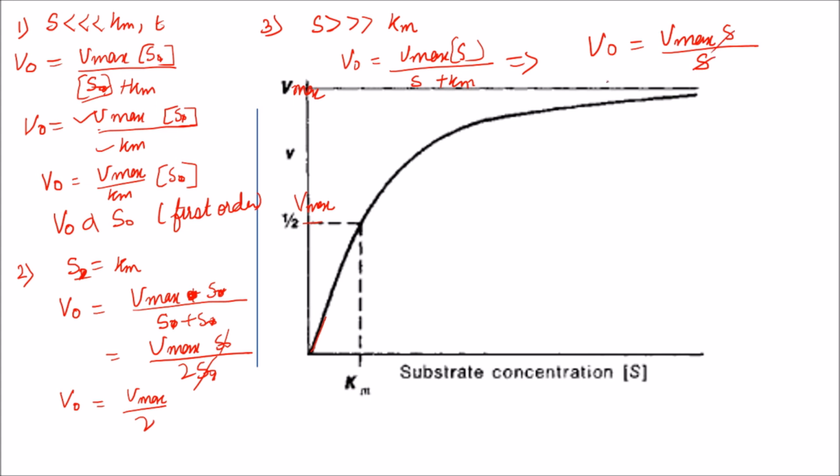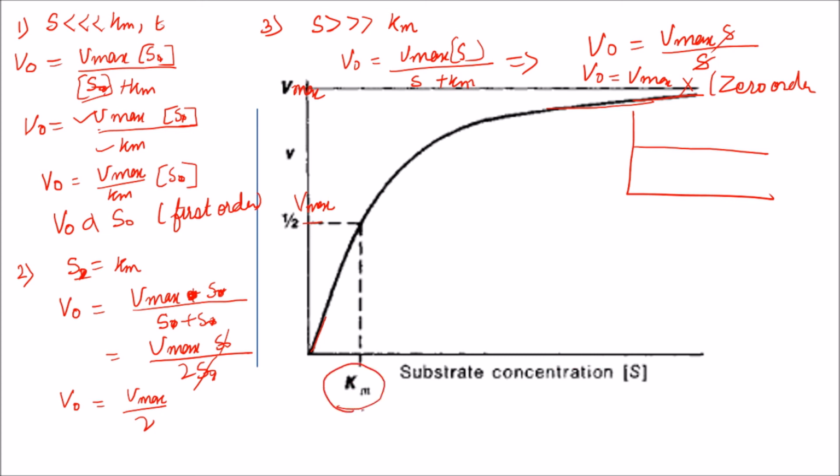So we can see that V naught has reached V max, and as it is not dependent on the substrate, it is following a zero order reaction. And you know that in a zero order reaction we follow a graph parallel to the x-axis. The same thing you can see here, an almost parallel graph when the substrate concentration is very large compared to the Michaelis-Menten constant.